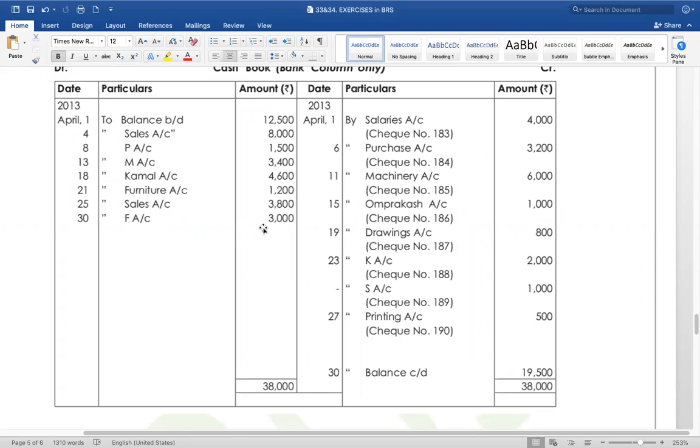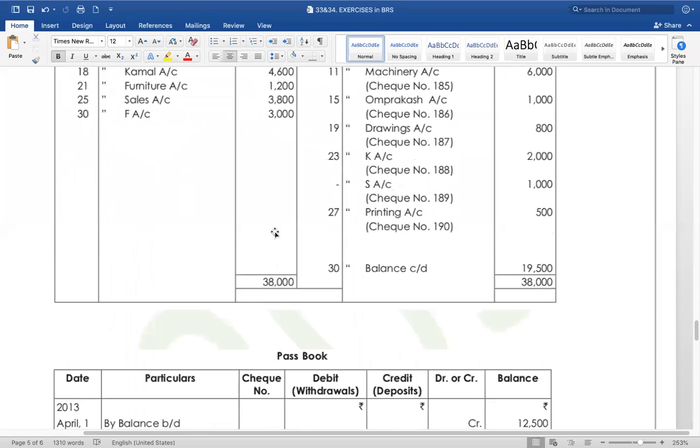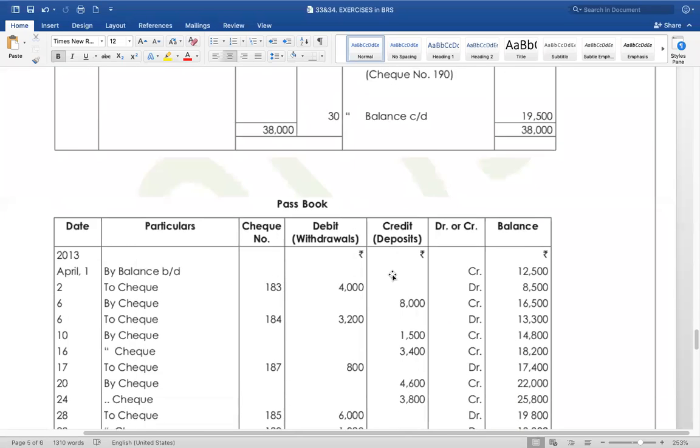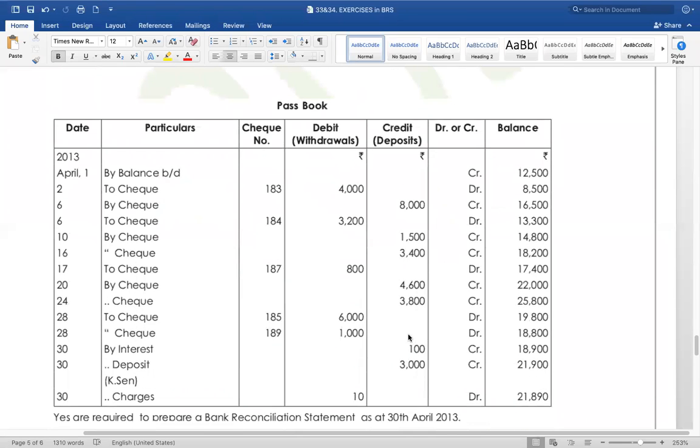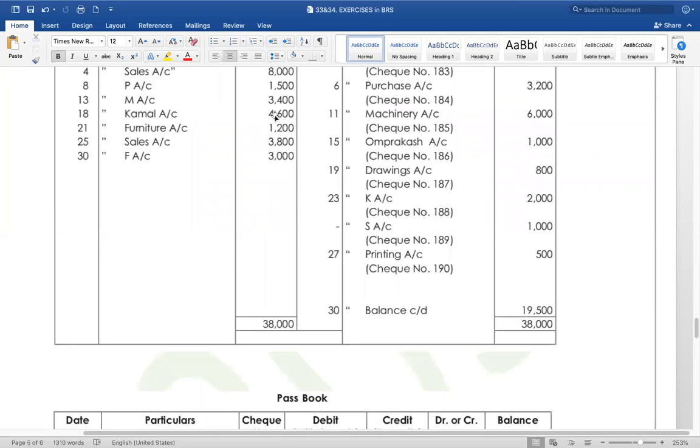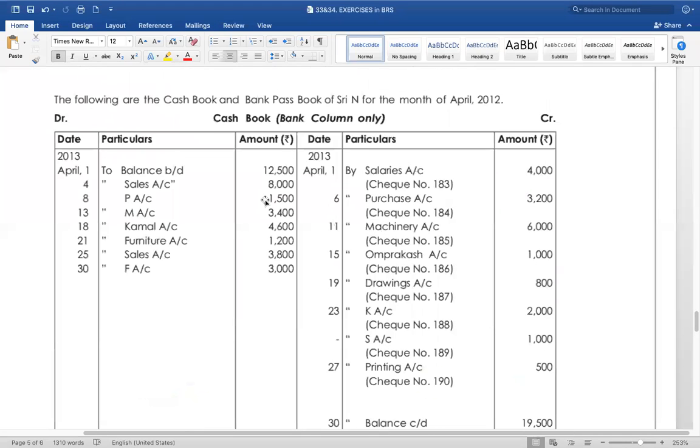So how many items are to be reconciled on this side? On the debit side of the cash book and credit side of the passbook: 100, 1,200, 3,000 and 3,000. So totally 4 items are to be reconciled on this side.